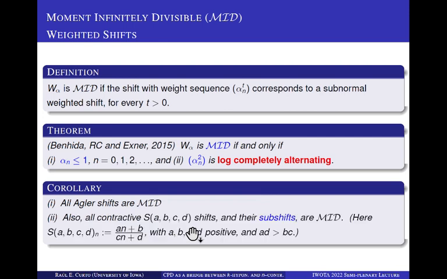And as a corollary, all Agler shifts are MID, and also the contractive S, A, B, C, D shifts and their subshifts are MID. And here we have (Am plus B) over (Cm plus D) with this proviso that AD is bigger than BC. These are associated with fractional linear transformations restricted to the natural numbers.